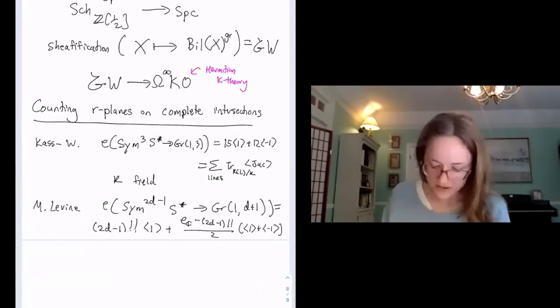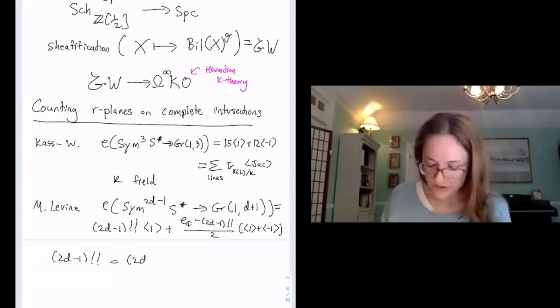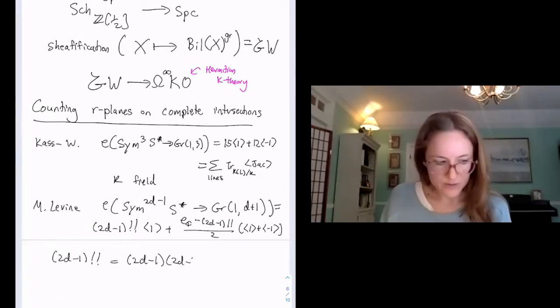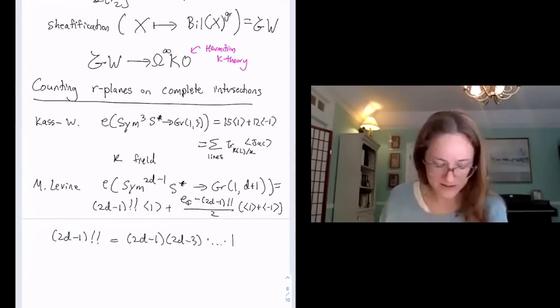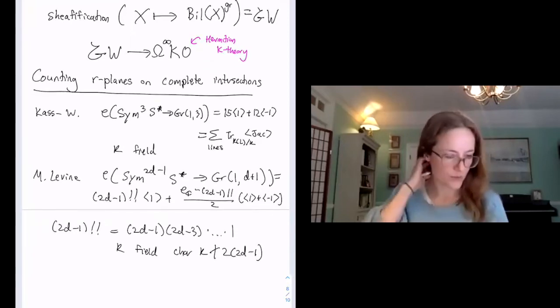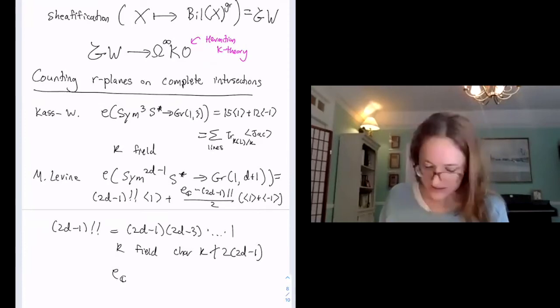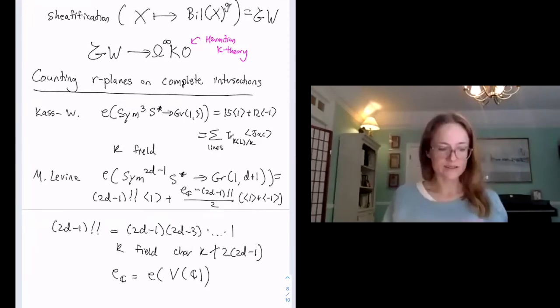So here (2d-1)!! is (2d-1) times (2d-3) times ... times 1. And K is a field with characteristic prime to 2. And EC is the normal topological Euler number of the complex points of C.